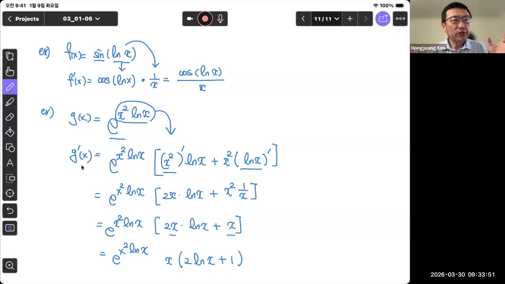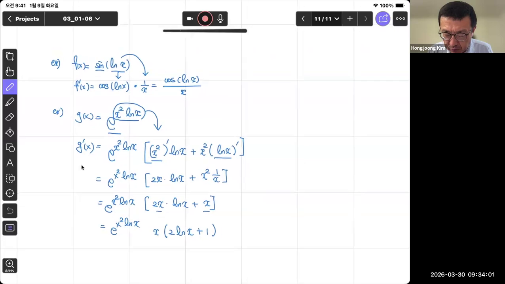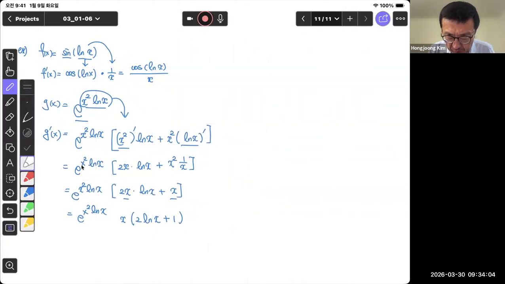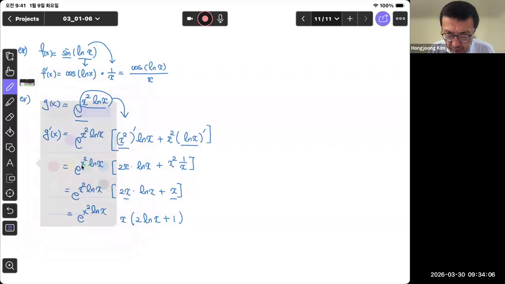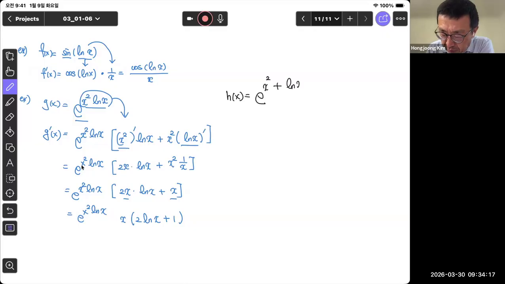So at this point, x squared and ln x are multiplied, right? But what if I slightly change the function? For example, if I define h of x by e to the x squared plus ln x, then h prime of x will be e to the x squared plus ln x, the same.